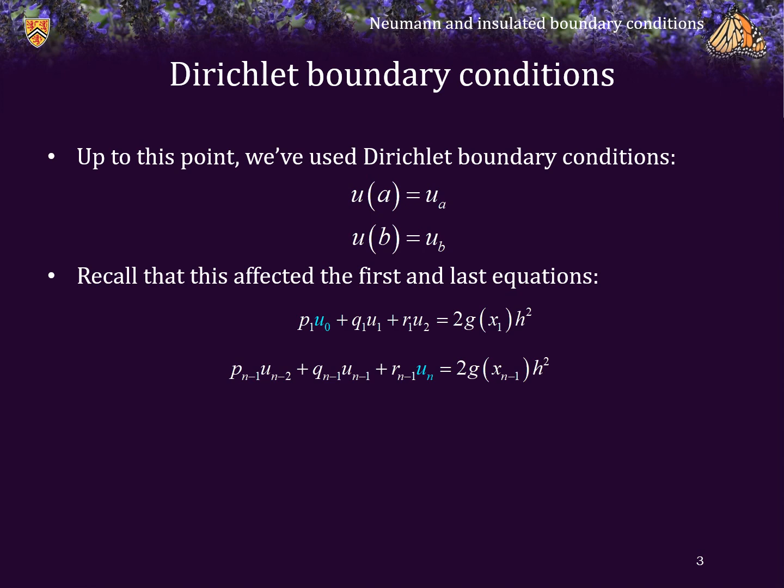So in the first case, u0 was deemed to be equal to u sub a, and therefore that term could be brought to the right-hand side, and for the last, u sub n is deemed to be equal to u sub b, and thus r sub n-1 times u sub n, now u sub b, could also be brought to the right-hand side. And then we had a system of n-1 equations in n-1 unknowns, which we solved and gave us the solution.